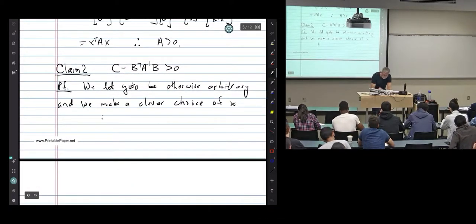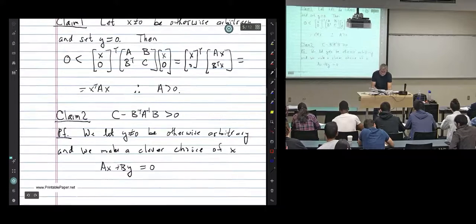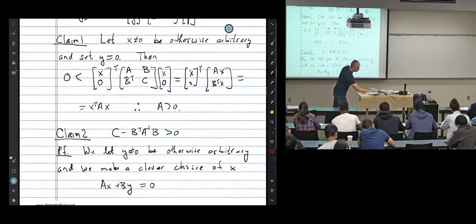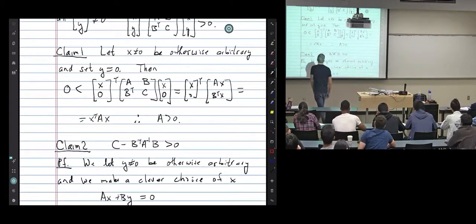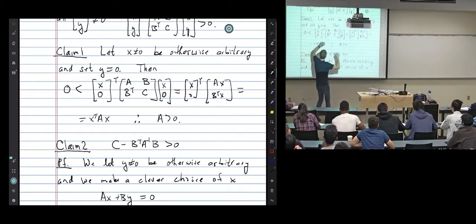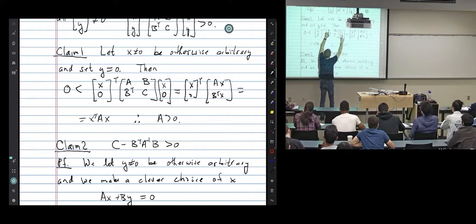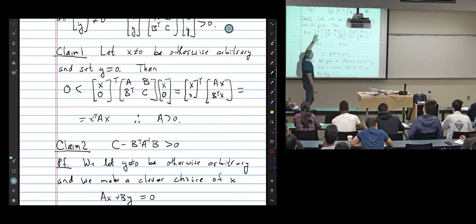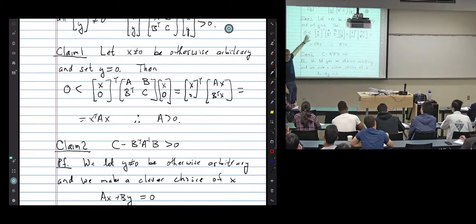I'm going to have it solve Ax plus B times y equals 0. Okay, how do you possibly come up with that? Well, you have x, y here, and you notice if Ax plus By gets me 0 here, that's got to simplify the calculation somehow, okay?